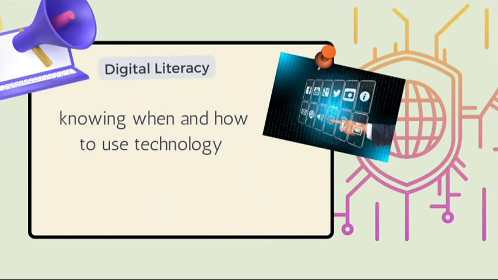Third element would be the digital literacy. It is knowing when and how to use technology. So that only means that digital literacy, or for others, digital fluency, is the process of understanding technology in its use.